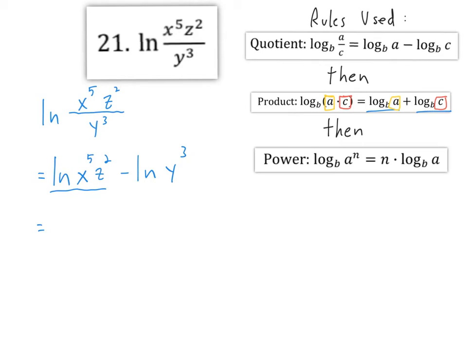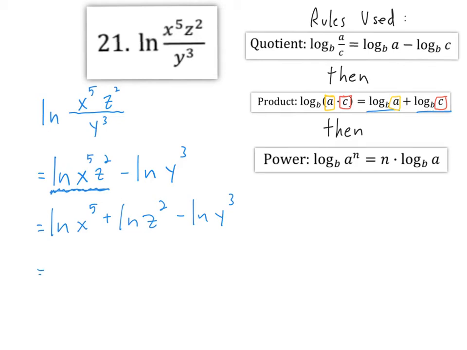Okay, so just splitting up this first log here, we can rewrite this as ln x to the fifth plus ln of z squared. And then the minus ln y cubed just stays. Then, since all three of these arguments have exponents, we can use the power rule and just bring each exponent and multiply it out front.